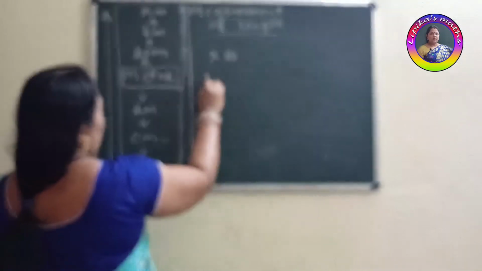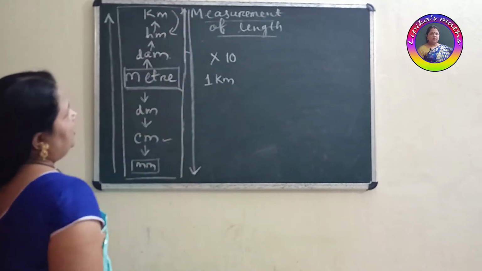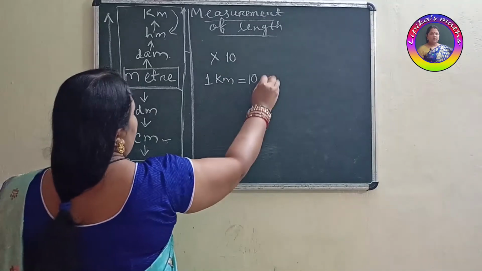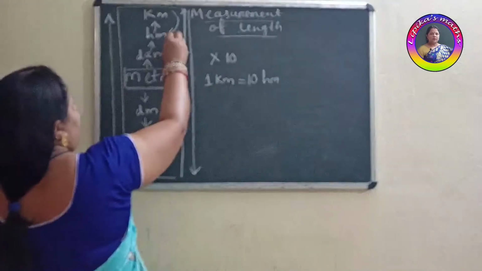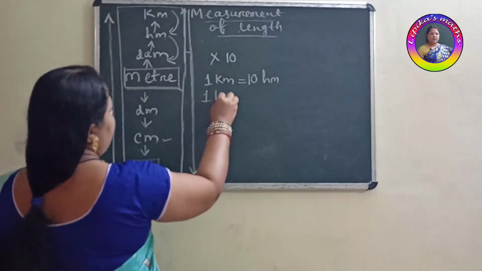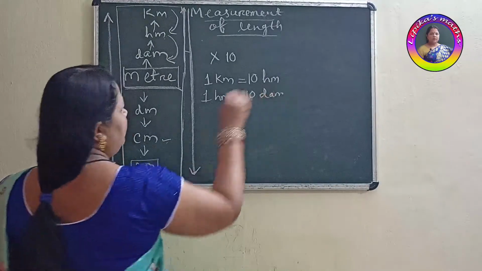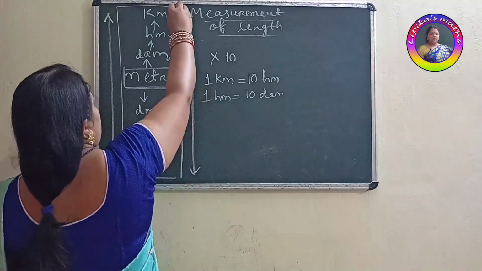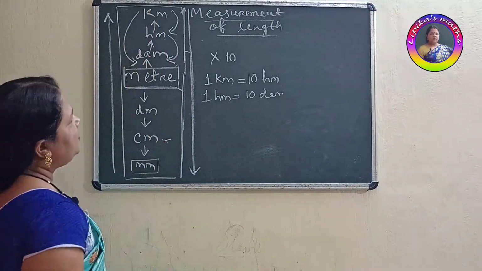That means 1 kilometer, this is one step, children, yes or no? So 1 kilometer equals 10 hectometer, right? From hectometer to decameter, 1 hectometer equals 10 decameter, right? That means when we change kilometer to decameter, see how many steps we crossed?